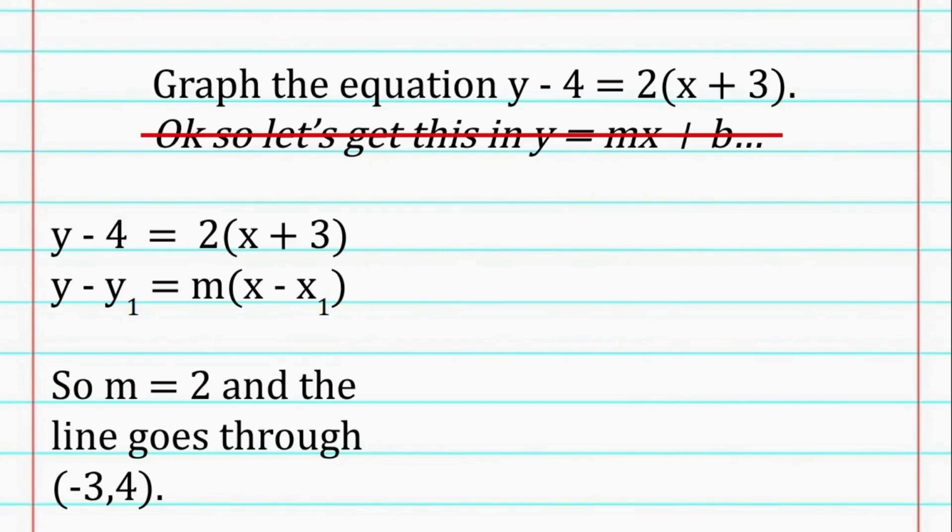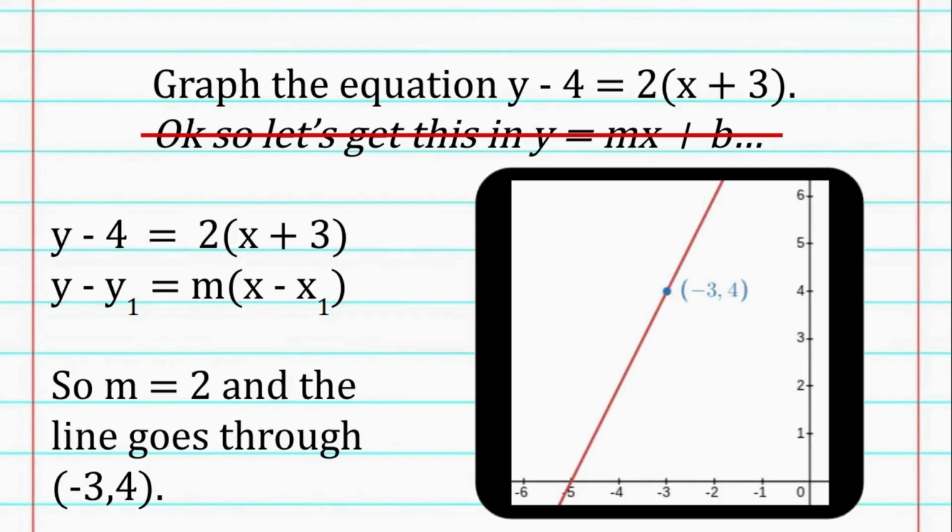Now, if you're curious about that negative 3 for the x value, note that x1 is what we subtract from x. So since we're adding a 3 to x, we're subtracting a negative 3. Just like with y, we're subtracting a 4. So that means that we can make a line through the point negative 3, 4 that has a slope of 2, and that is a correct answer.